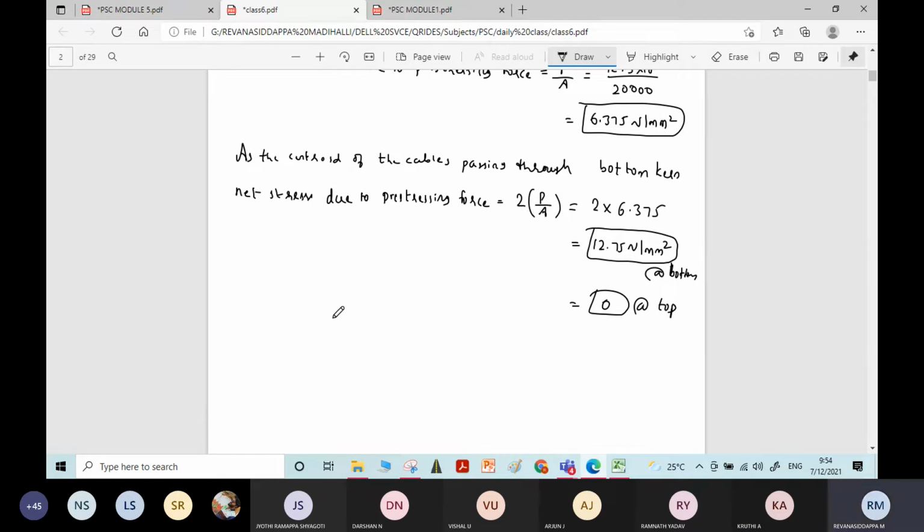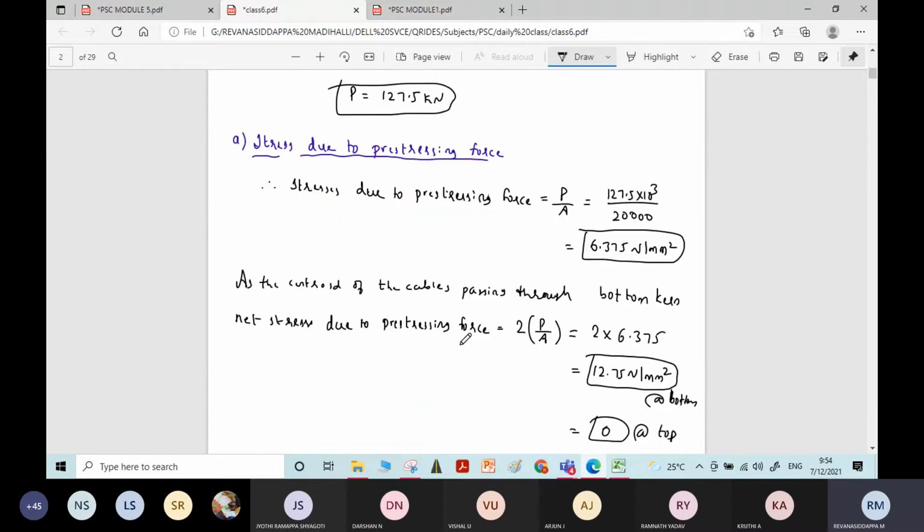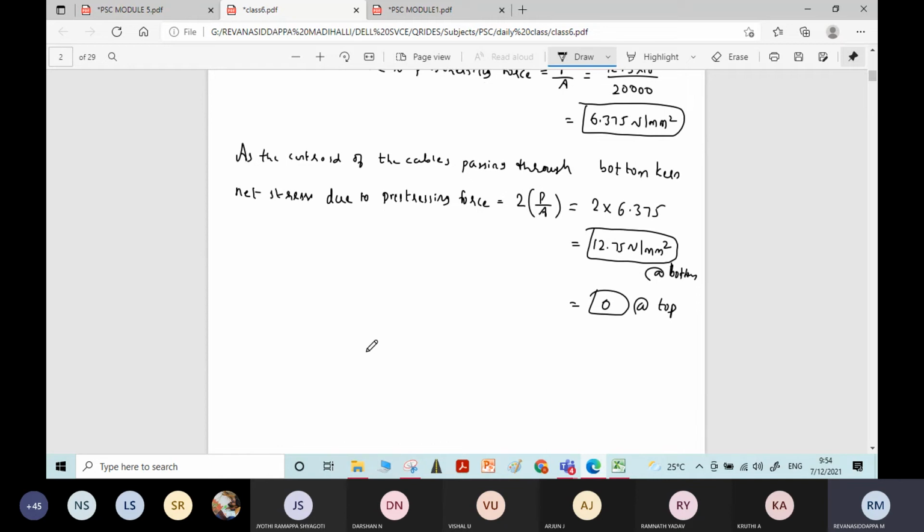Now we have determined the stress distribution due to the pre-stressing force. If you want, you can draw a small diagram: 12.75 at the bottom and 0 at the top.